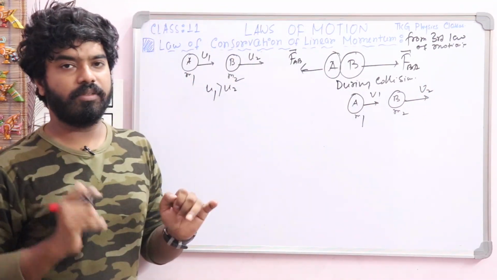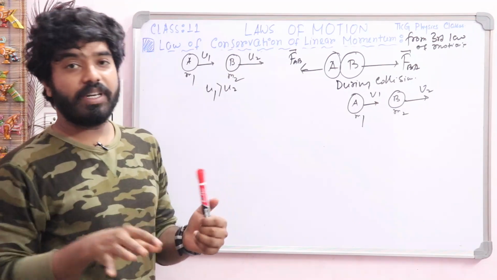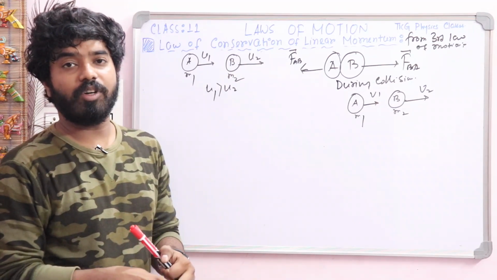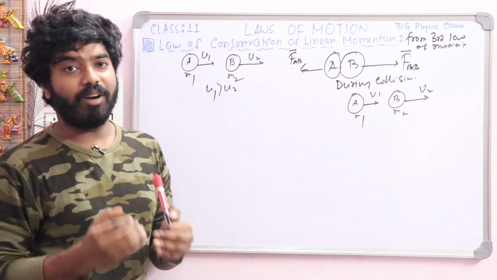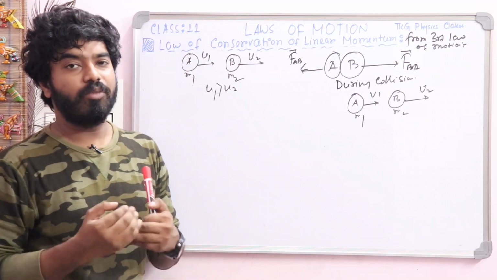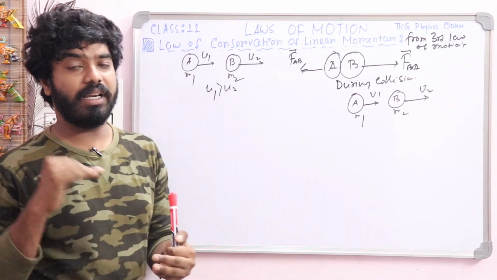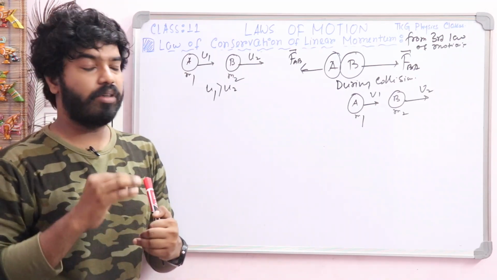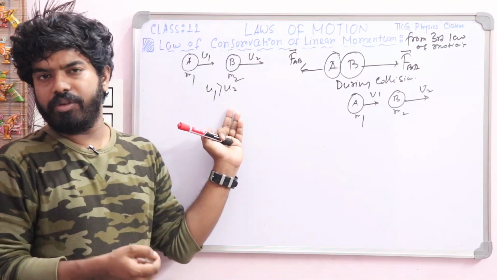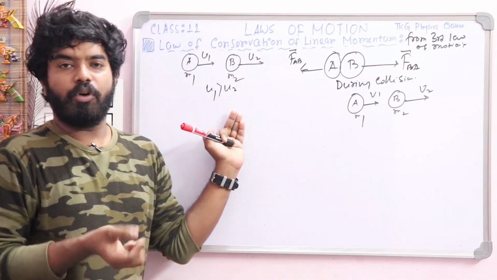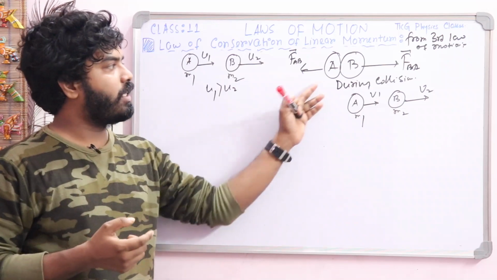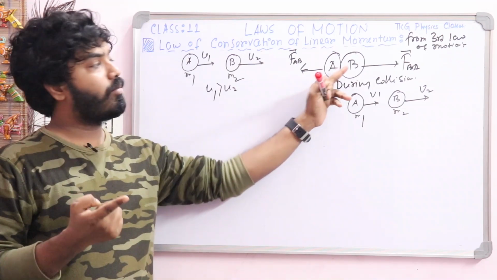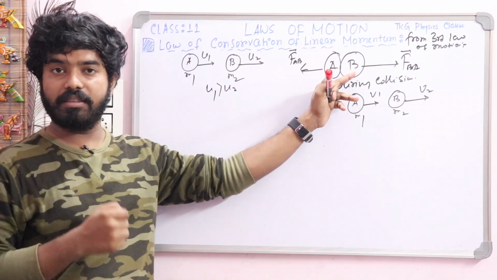So write it. First of all, we consider a system of two bodies A and B of masses m1 and m2 moving with velocities u1 and u2 in a straight line, and you consider u1 is greater than u2. After some time the bodies collide, and during collision body A exerts a force on B which is directed along the x-axis.